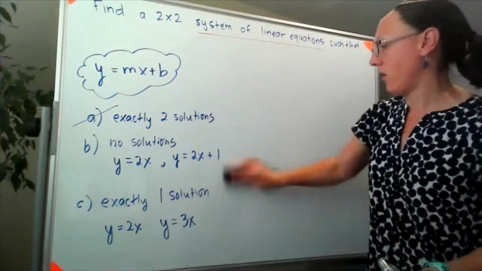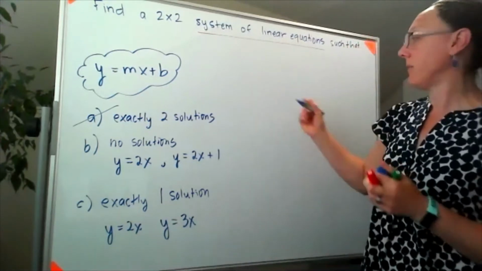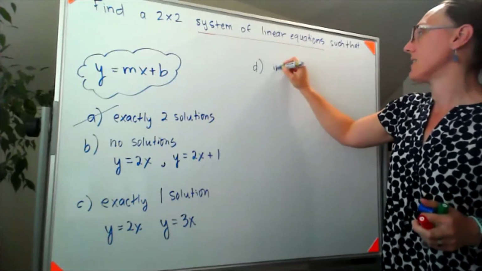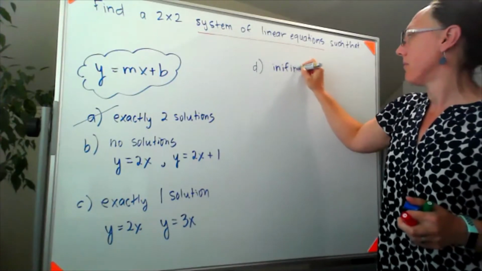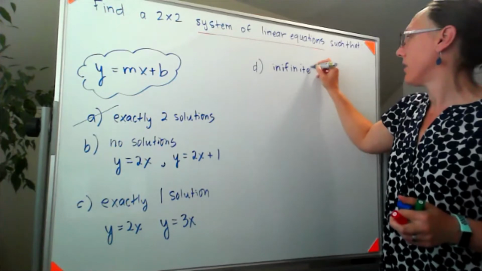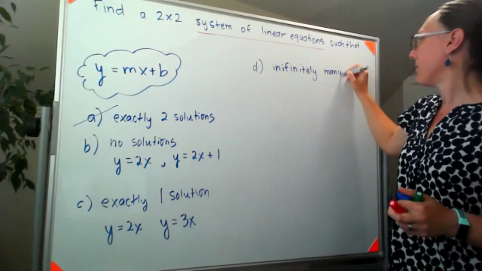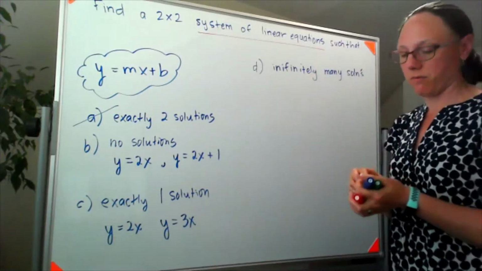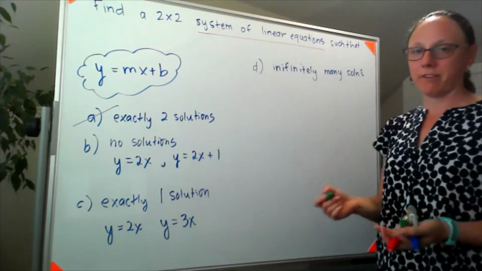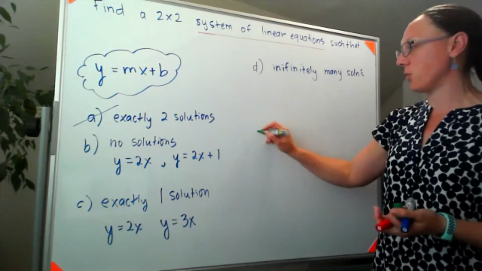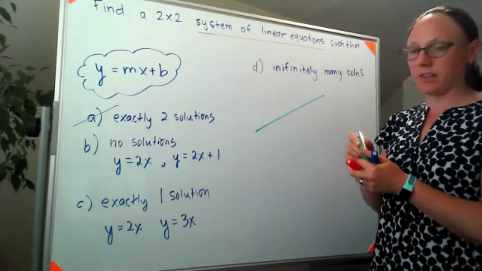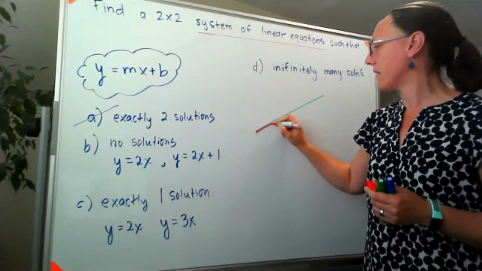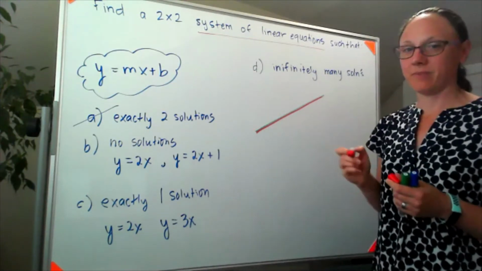Now, our next piece here, if I'm looking for infinitely many solutions, I alluded to this one before, but the only way to have an infinite number of solutions, if I have two lines, is if secretly those two lines are actually the same line.